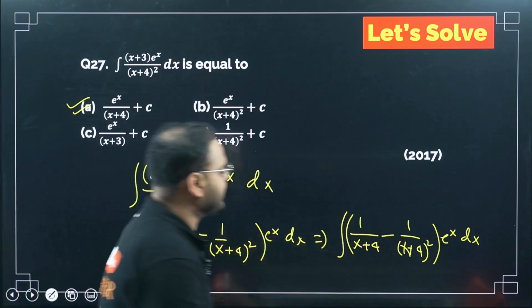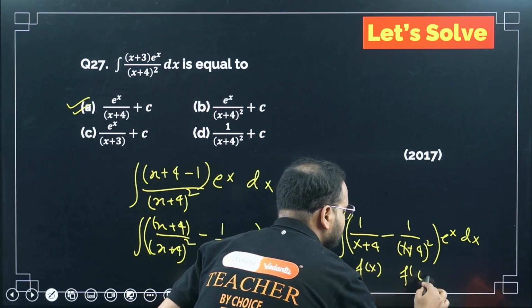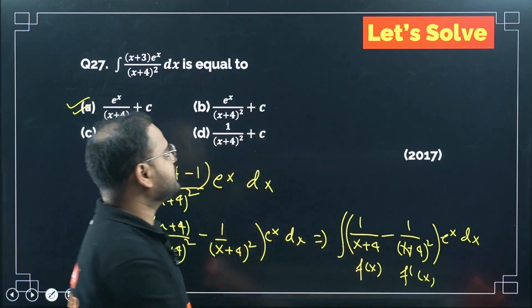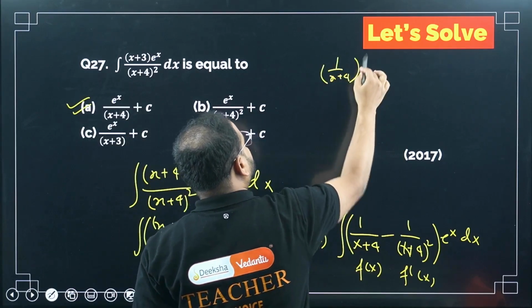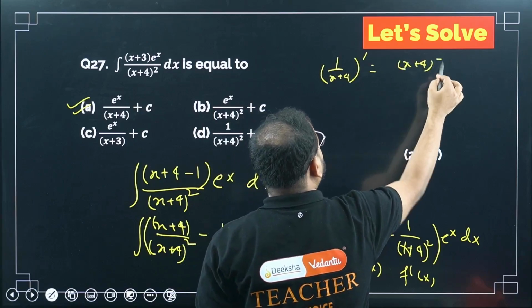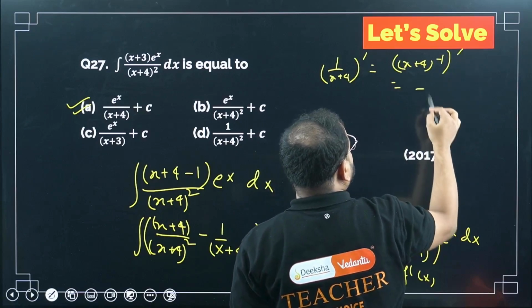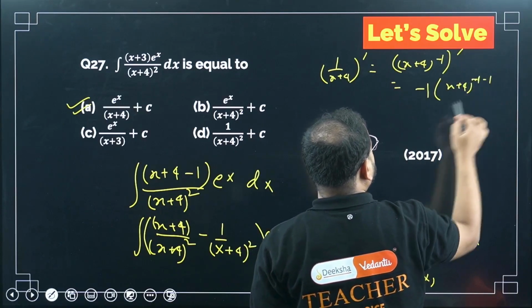If I take this as my function f(x), what is this? This is the derivative of the function f(x). How come, sir? Differentiate 1 upon x plus 4. If you differentiate this, what are you going to get? You're going to get x plus 4 power minus 1. If you differentiate this, minus 1 outside and x plus 4 power minus 1 minus 1. How much is that?